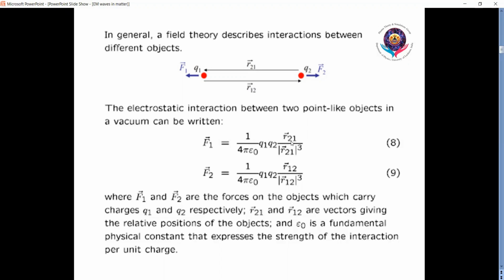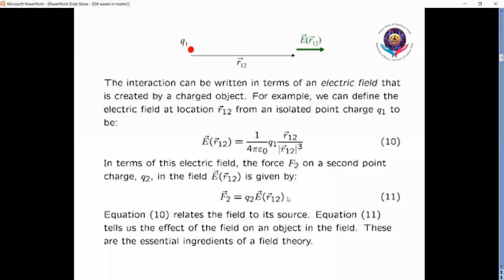Just notice the subscript 2, 1. And F2 is the force on the second charge due to the first charge. You know the values of these constants? 1 by 4 pi epsilon 0.